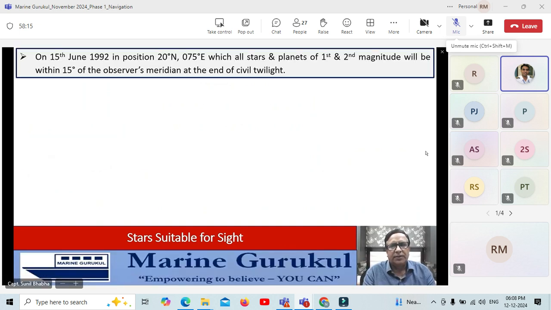Let us now apply the listed steps to this question. We need to find out all the stars and planets of first and second magnitude falling within 15 degrees of observer's meridian at the end of civil twilight on 15th June 1992, and the position of the observer is given here in latitude and longitude. Now, to begin with, please note that AM or PM is not stated in the question.